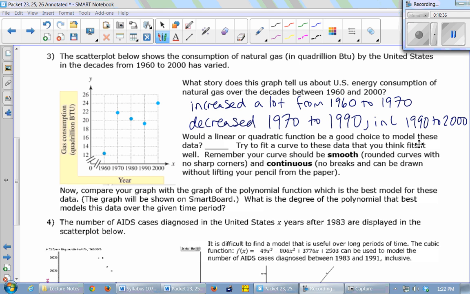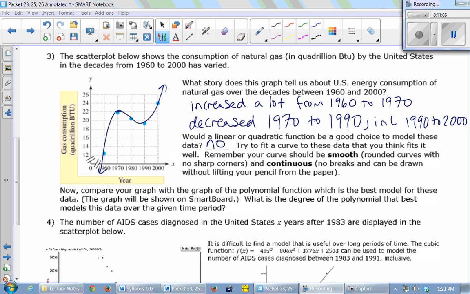If I did a quadratic, the end behavior of a quadratic would have to be both ends down like that, and we wouldn't capture the fact that it went back up, right? So that's not a good option, right? So no, neither of those is good. So if I was going to try to fit a nice smooth curve to this thing that captures the trend of my data, it might look like that.